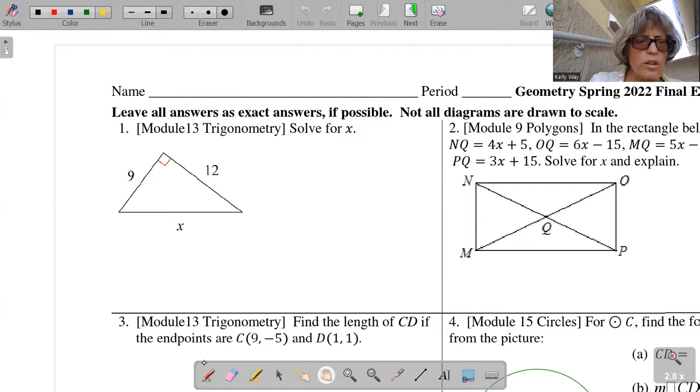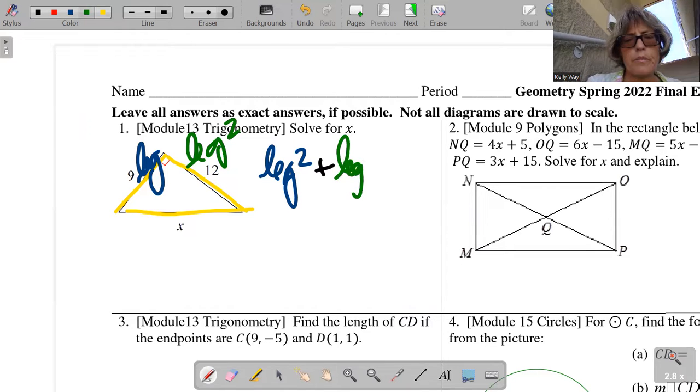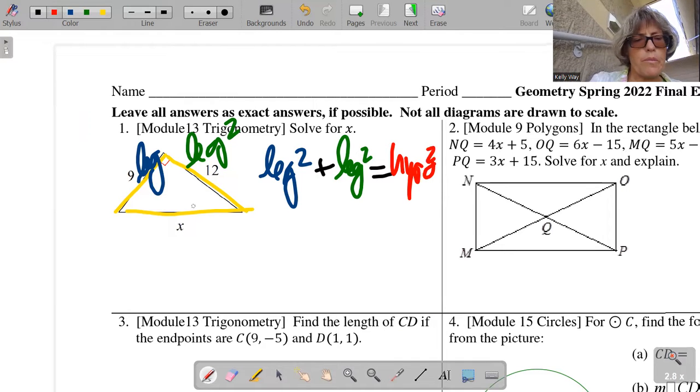So for this first one, you have two sides. You need a third side. You use the Pythagorean theorem. And that's going to be leg squared plus leg squared equals hypo squared.